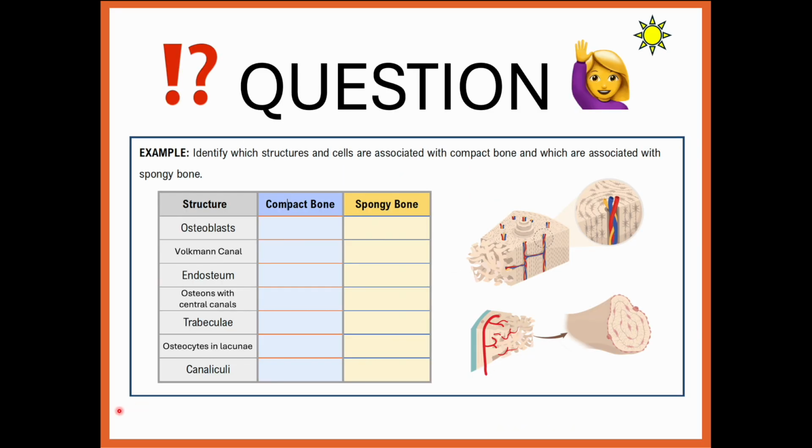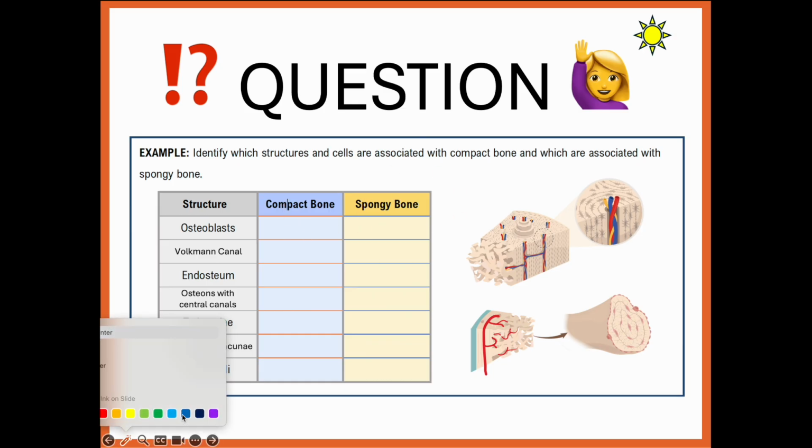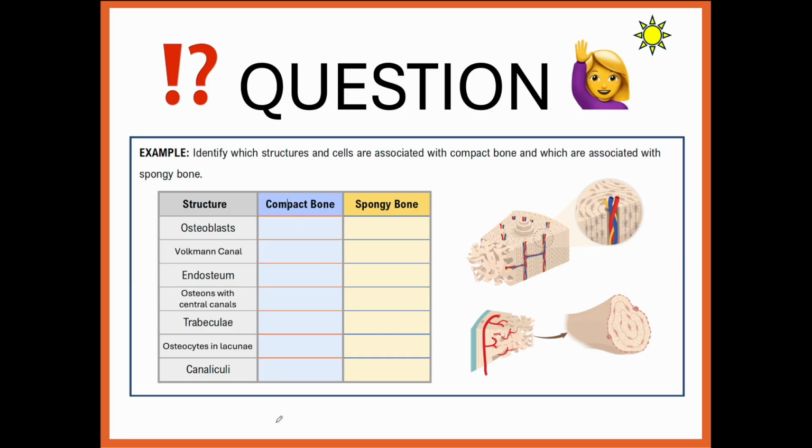So I'll give you a minute to try to fill out this table, the difference between compact and spongy bone. Go pause the video, please, and go look at the previous slides to see what we put here. All right, so in compact bone, do we find osteoblasts? Yeah, we oftentimes make new compact bone. We also oftentimes make new spongy bone.